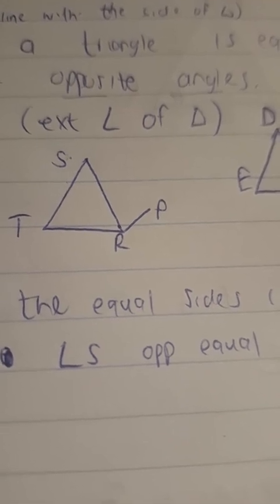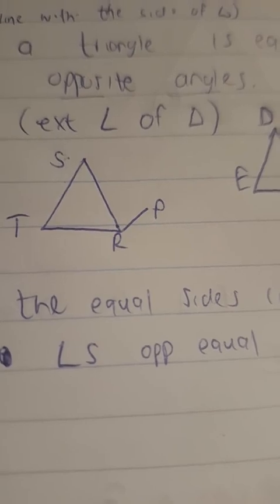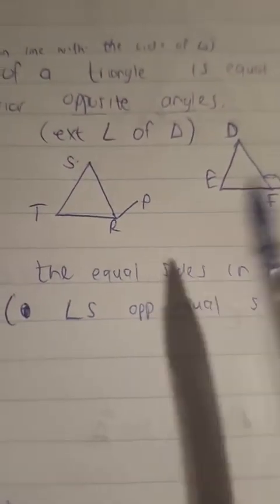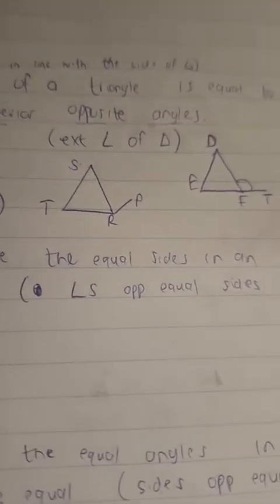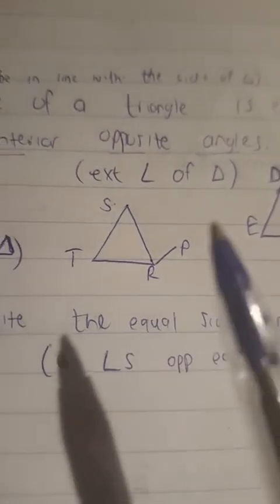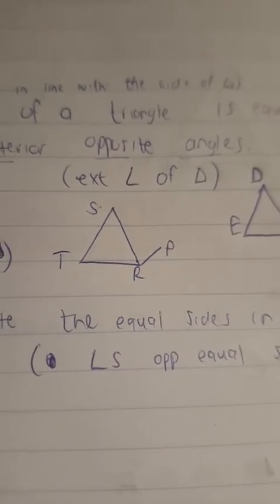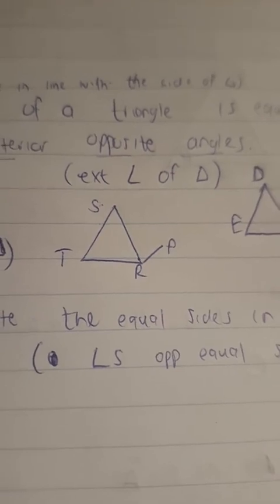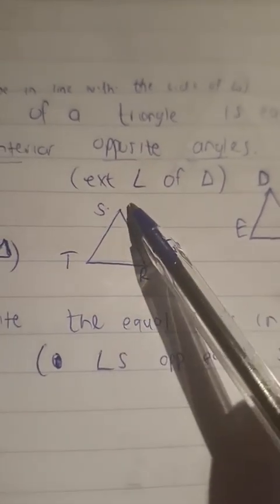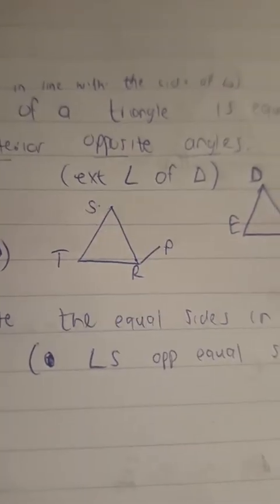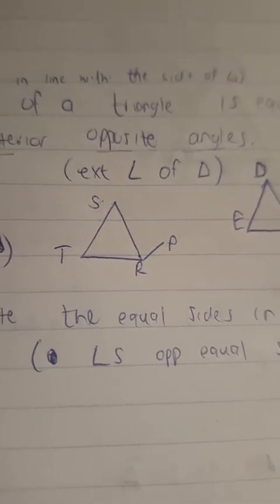Or asked in another way, is it the exterior angle for this particular theorem? Let me just ask simply, do I have an exterior angle in this diagram, in this triangle? Let's start there. Do I have an exterior angle for this triangle STR?